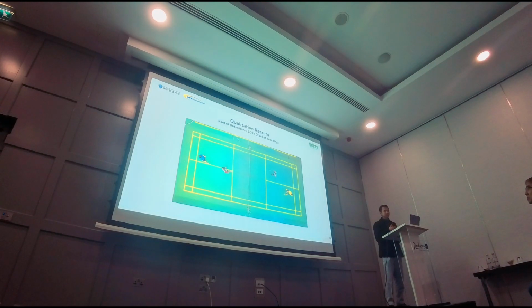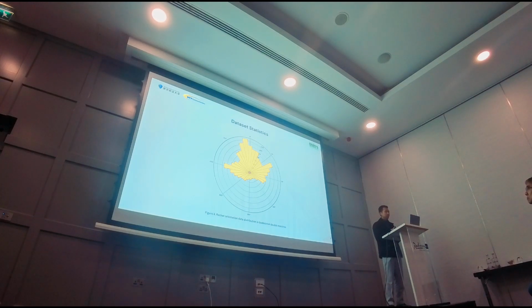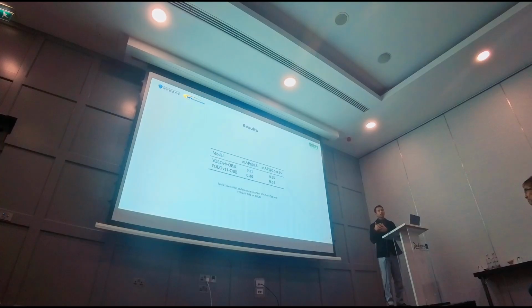In this dataset, we only annotate the angle. It would be another analysis if we wanted to see who is left-handed or right-handed, because the annotation is only the angle and the location of the racket.